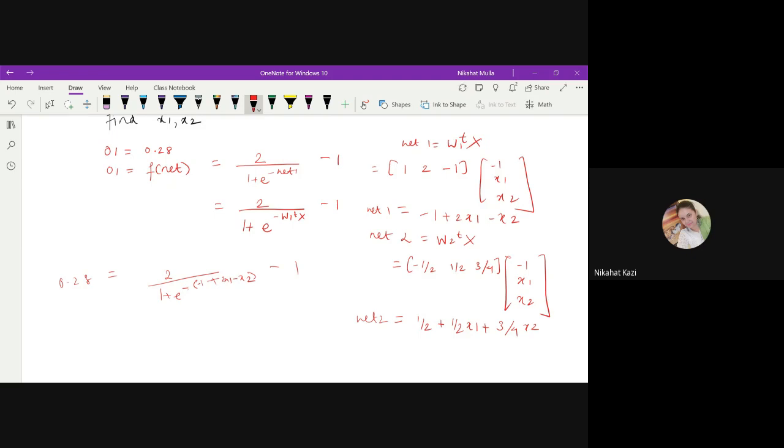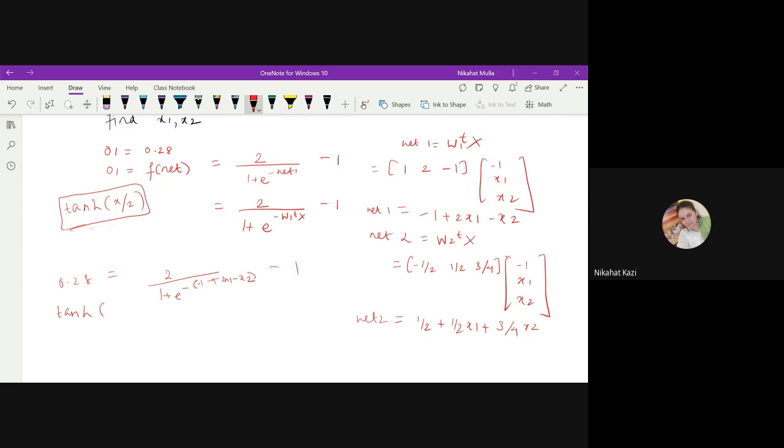Now what do I need to do? I need to take the unknown terms on one side, rearrange this, and get the constants and an equation in x1 and x2. I will tell you a shortcut for this because the activation function is bipolar sigmoid. What is the meaning of that? It is tan h of x/2. Do you recollect? So you use this to your advantage.